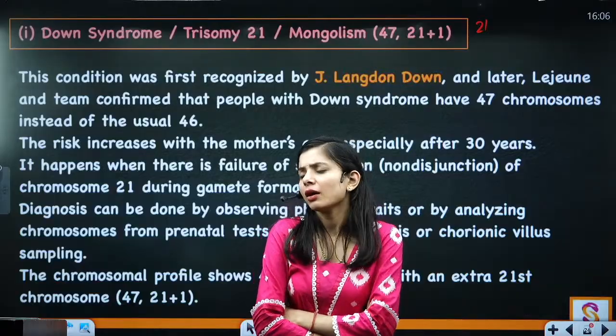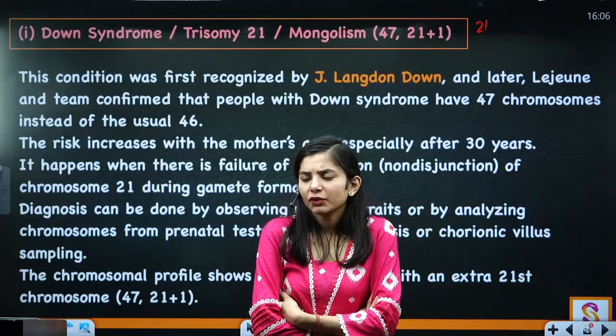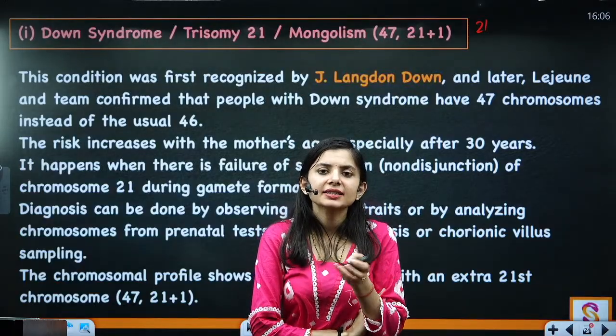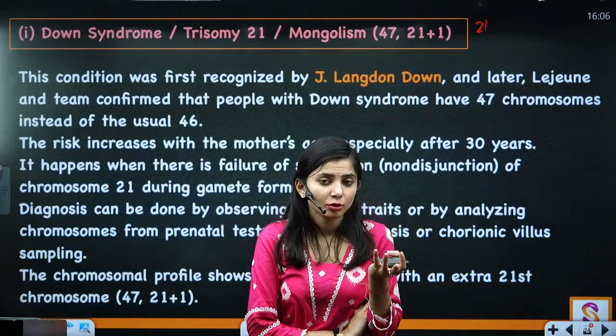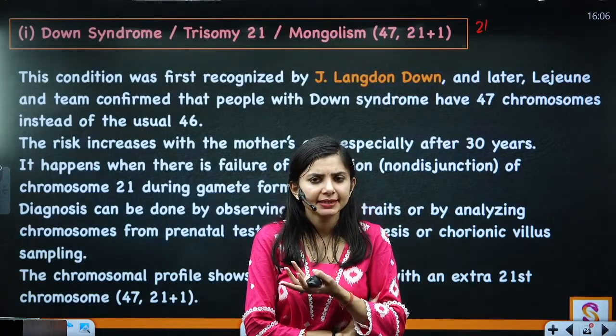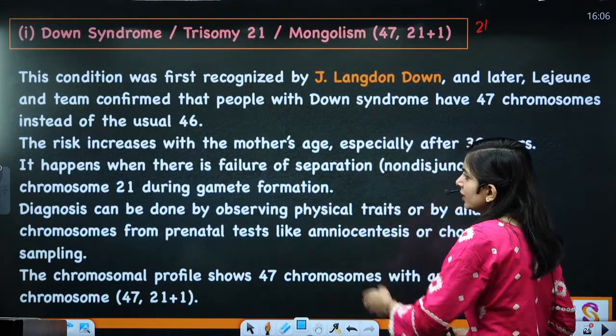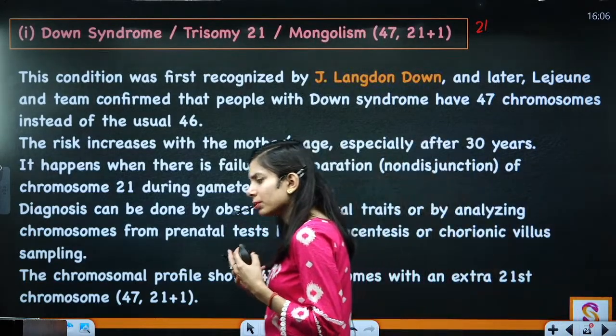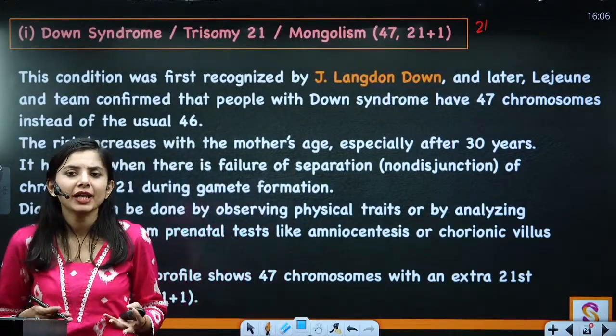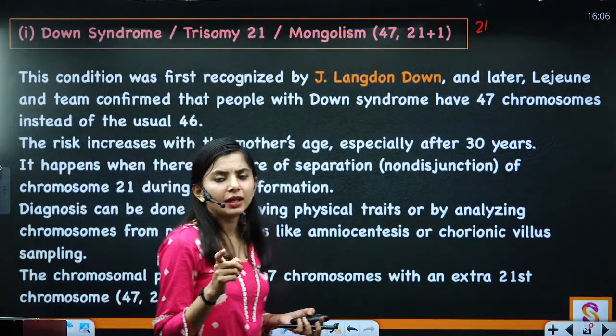Again, why does it happen? Because when the cell needs to separate, the 21st chromosome is not able to separate itself, therefore there is a duplication. Why and how does it happen?